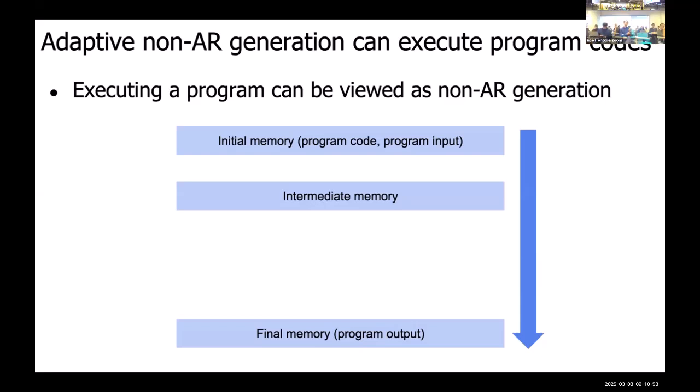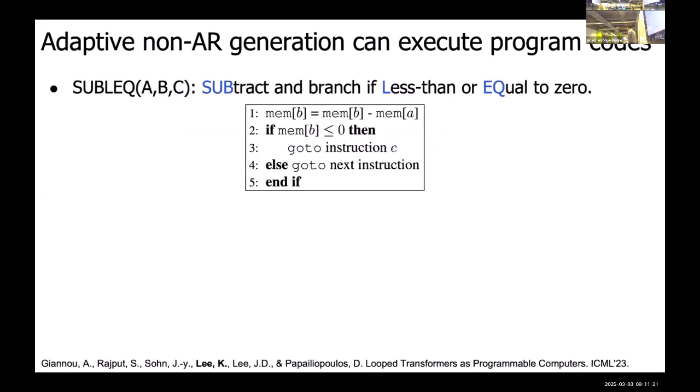And if you see the process of running a program, the state of the memory can be viewed as basically a history of non-linear generation. At the beginning, you have some prompt. At the end, you have the final output. Taking a program and simulating the process of computer program execution is actually a very good model for simulating, or maybe understanding, non-linear generation.